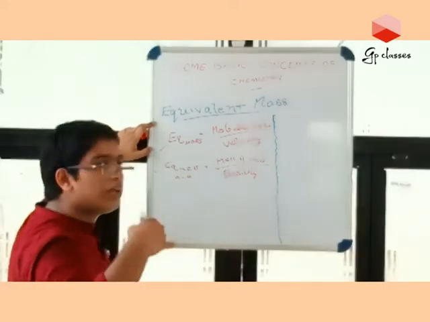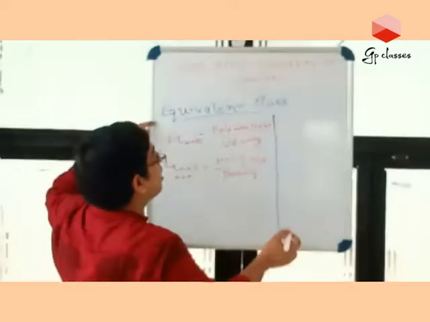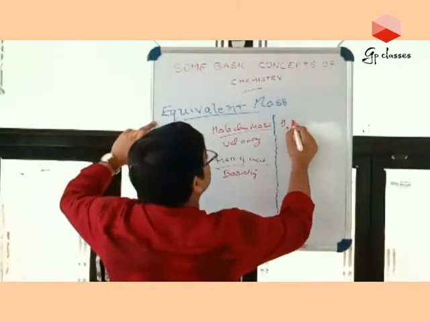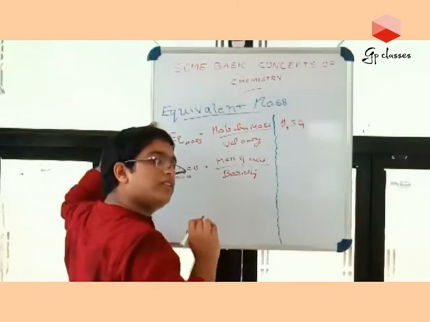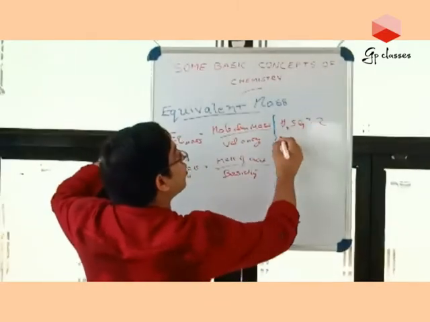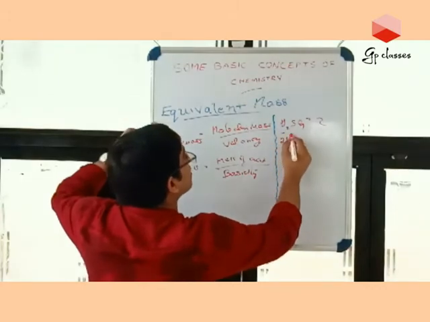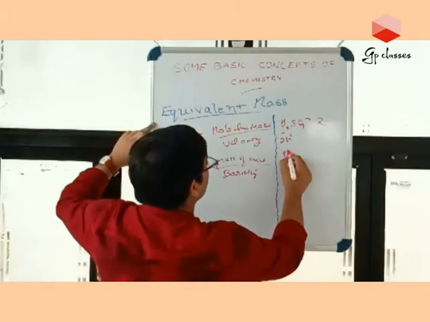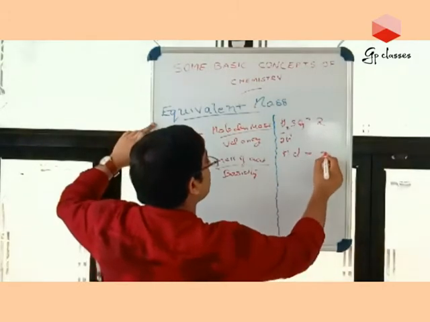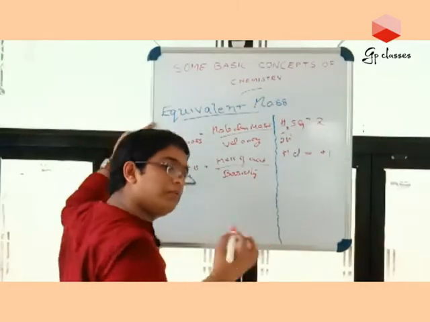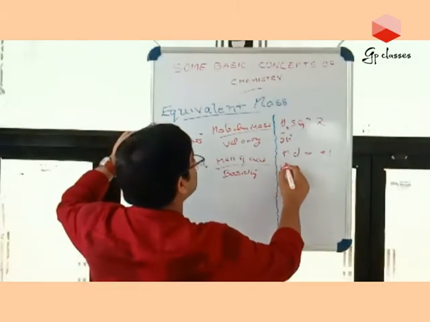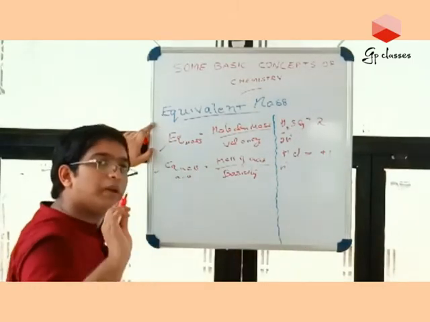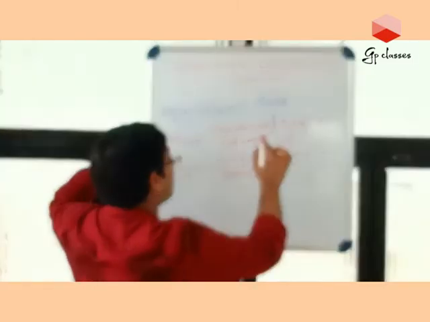How much H+ can be liberated? What is the basicity of H2SO4? The basicity of H2SO4 is 2 because it can liberate 2 H+. Okay, this is basicity. What is the basicity of HCl? It is 1 because it can liberate 1 H+. So basicity is the number of ionizable hydrogens.